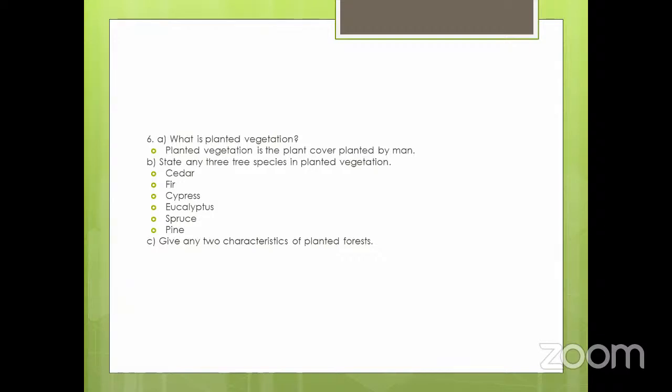Okay, the tree species in planted vegetation include the cedar as one of them, we have fir, we have cypress, eucalyptus, we have spruce, and lastly we have the pines. These are the tree species there. There are quite many of them, but these are some of them: cedar, fir, cypress, eucalyptus, spruce, then we have the pines.